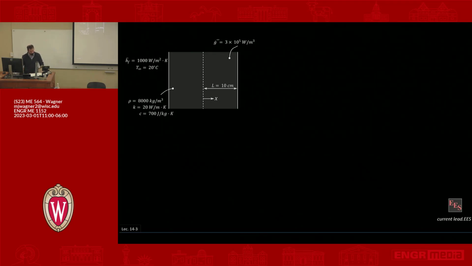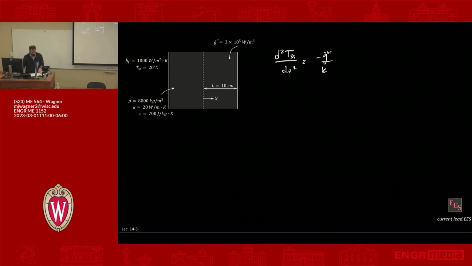So you go through that analysis, a control volume analysis, with the differential in the x direction. We end up with an ODE that is d squared T, we'll call that T steady state, over dx squared equals minus g dot triple prime over conductivity k. So that would just come out of our control volume analysis.